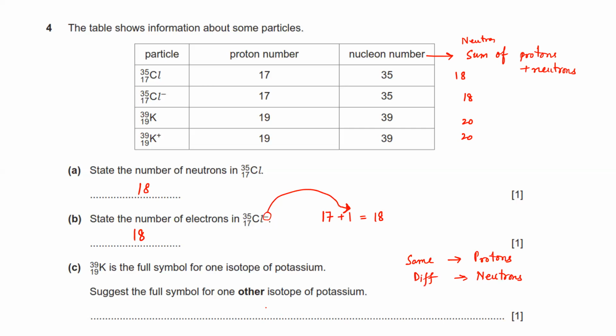So for potassium K, the number of protons will remain the same, 19. Neutrons will change. So you can add one neutron to the total value. It can be 40 or it can be 38, 19. You can use any. Your marking scheme has used this, so you can use this.